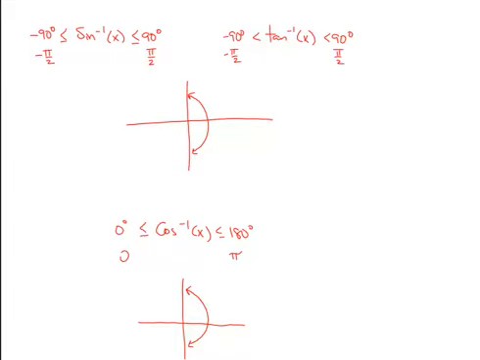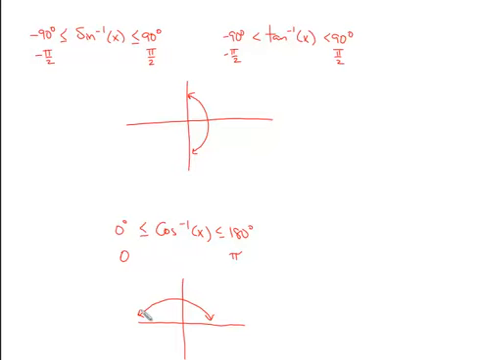We wouldn't get our negative values from anywhere. So that's why we can't use the same two quadrants. We have to use these two quadrants, going from 0 to positive 180, or 0 to pi. We get positive cosine values from quadrant 1. We get negative cosine values from quadrant 2.